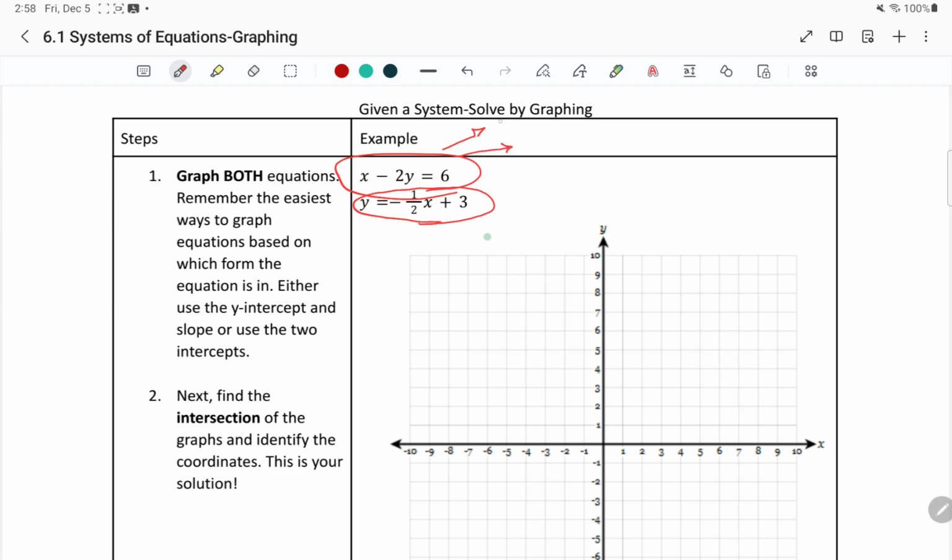The first way is make it into y equals mx plus b and then graph. Or you can graph using intercepts. So you can find the intercepts, x and y, and then plot those.